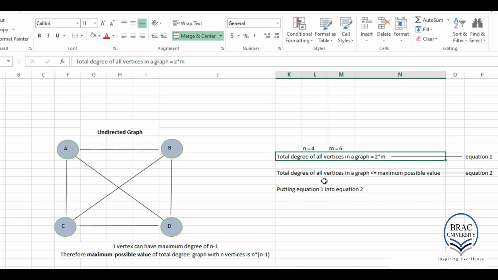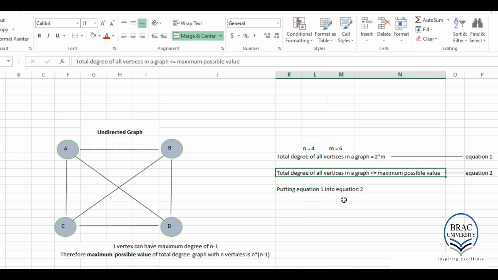And another thing that I wrote in equation 2 is that the total degree of all the vertices in a graph can be either equal to or less than the maximum possible value, right? The maximum possible value is the highest limit. So the total degree can either be equal to the highest limit or smaller than the maximum possible value. So I have created two equations, equation 1 and equation 2.